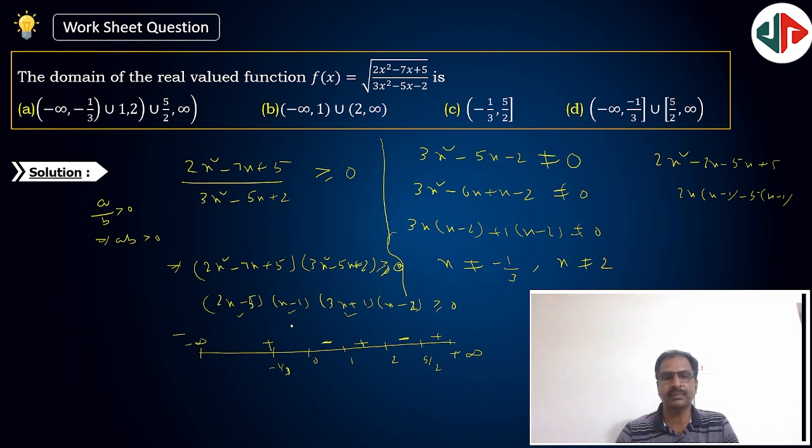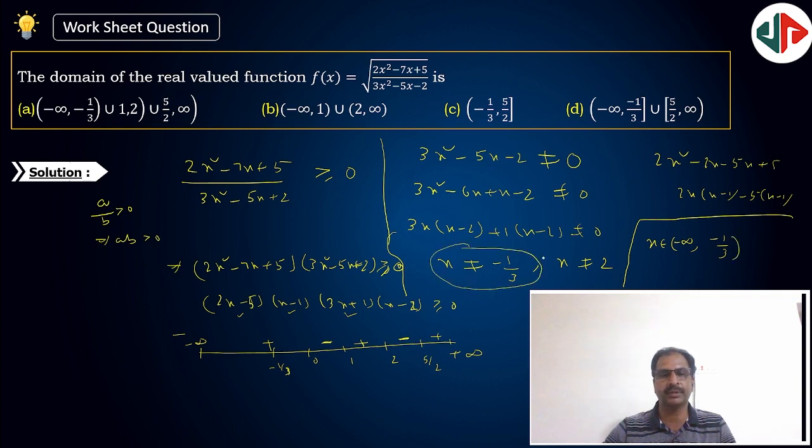Now by looking at this number line, where that product is positive means from minus infinity to minus 1 by 3. Minus 1 by 3 is not included because x should not be minus 1 by 3.